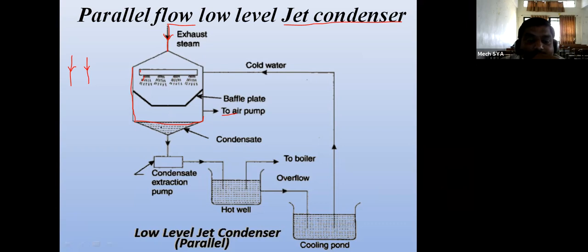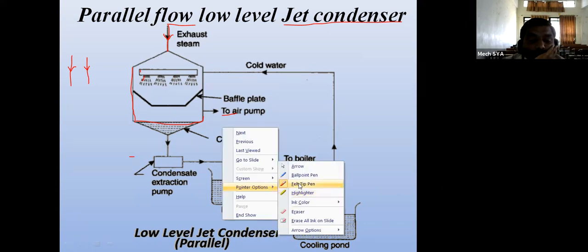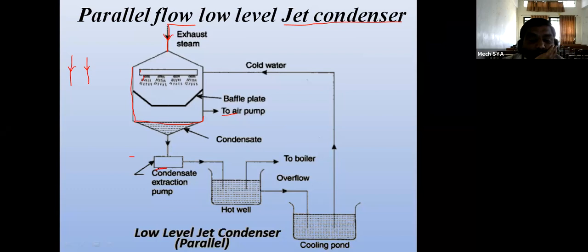As there is a vacuum inside and outside there is atmospheric pressure, here low pressure and there high pressure, it is difficult to take this condensate from low pressure to high pressure. Therefore, one condensate extraction pump is required. This is the low level condensate extraction pump.